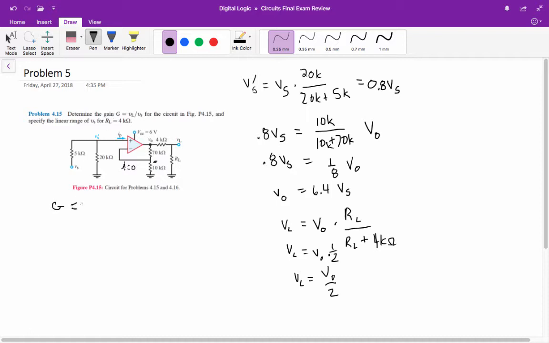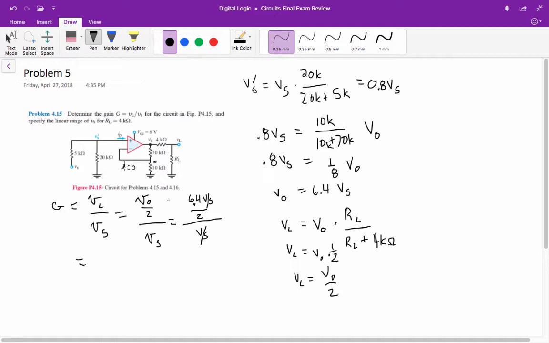Gain equals VL over VS. Okay, so VL is V out over 2, over VS. But V out was 0.64 VS, so this is 0.64 VS over 2 over VS. I'm sorry, that was 6.4, not 0.64.